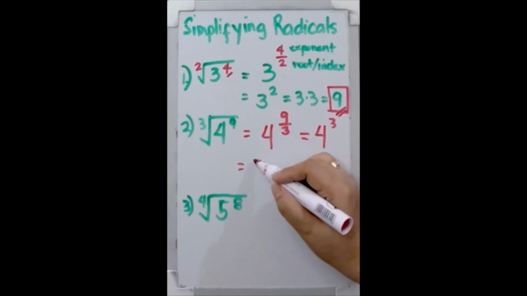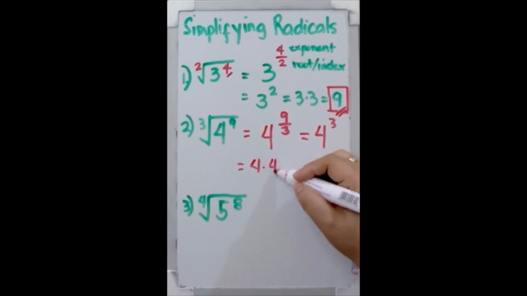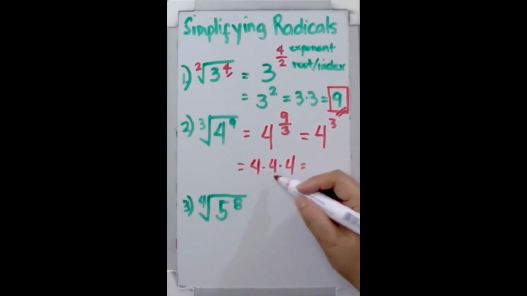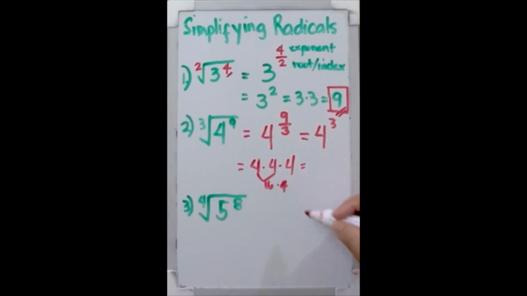Now we can write 4 times 4 times 4. And 4 times 4 is 16 times 4. This would be equal to 64. So our answer is 64.